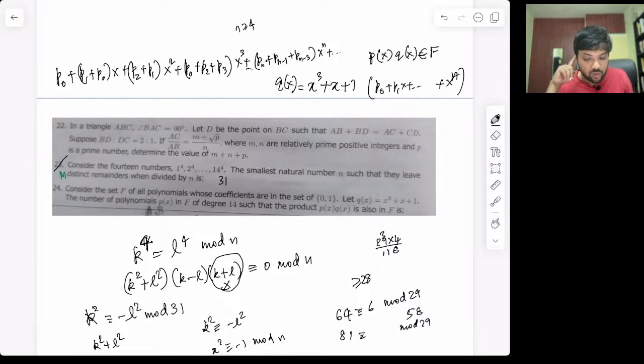That will go on for some time, up to 14.